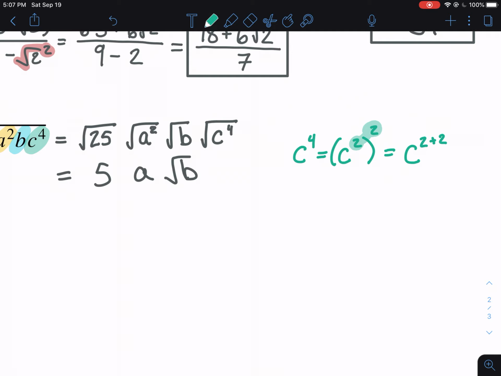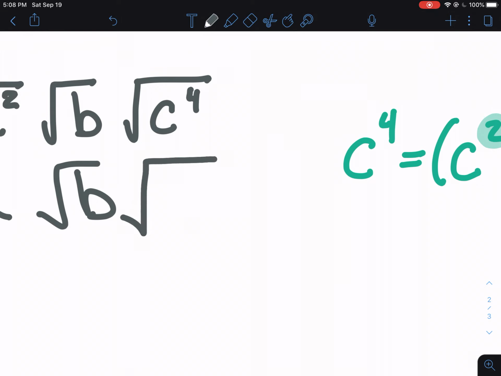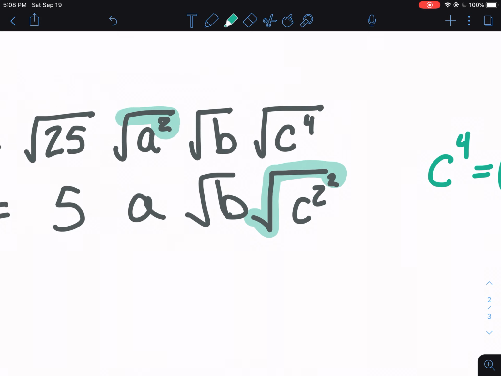So we can rewrite the same guy as the square root of c squared squared. And then of course, the squared and the square root cancel out, just like this squared and this square root cancel out.